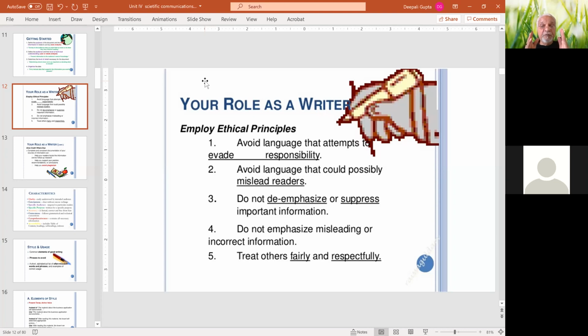The message should be written very clearly, unambiguously, and you should respect the audience to whom the document is going to go. So as a writer, these are the ethical points you should keep in mind. Whether technical or scientific, you have to keep this in mind.